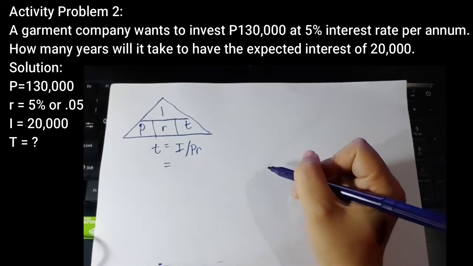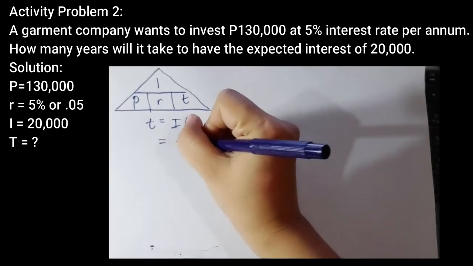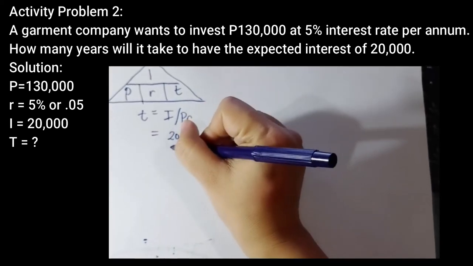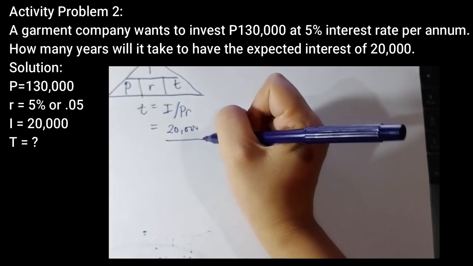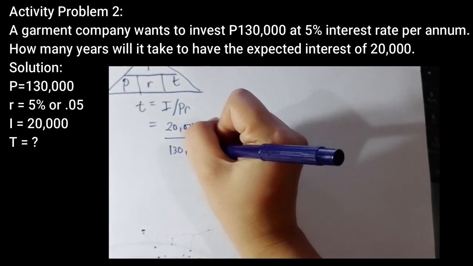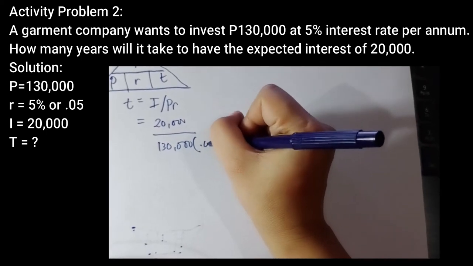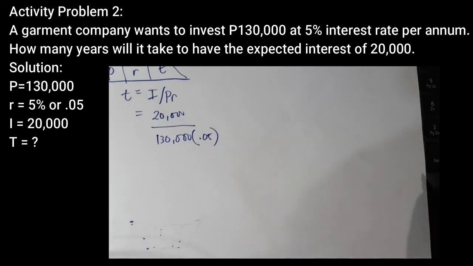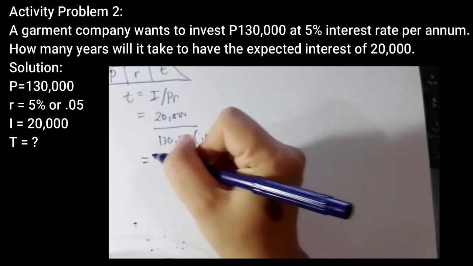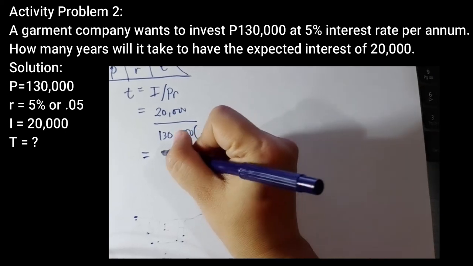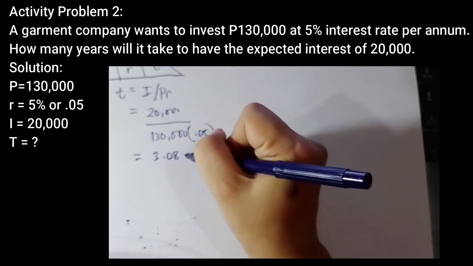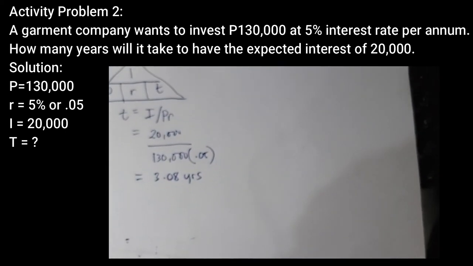Okay, you just substitute. Our I is 20,000 over the P, which is equals to 130,000, times the rate, which is equals to 0.05 or 5%. So that gives us a total of 3.08 years. Do you follow? Okay.